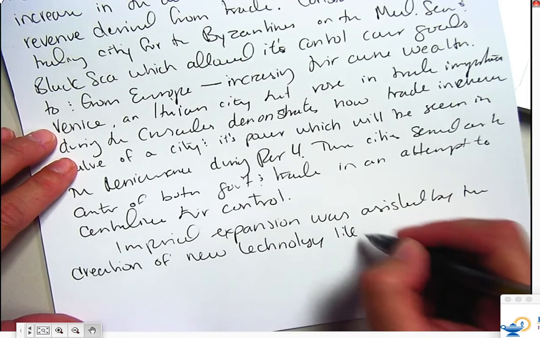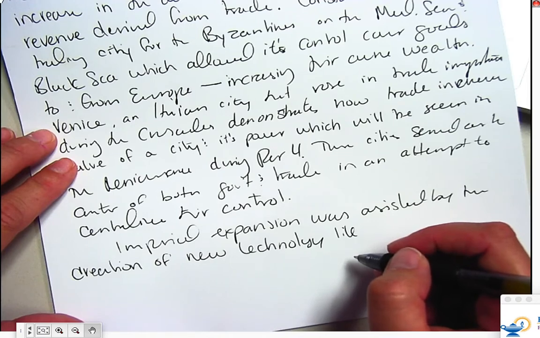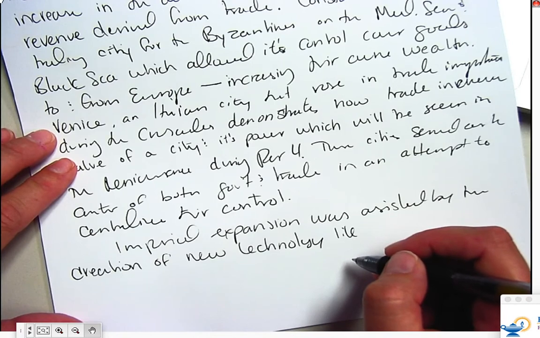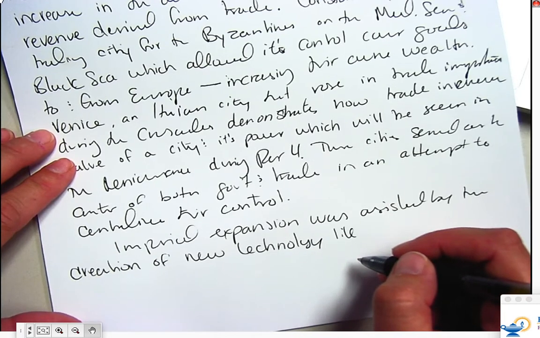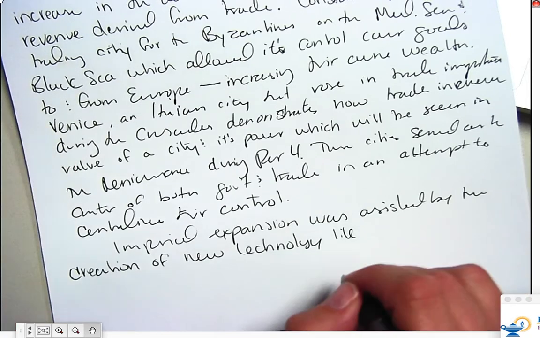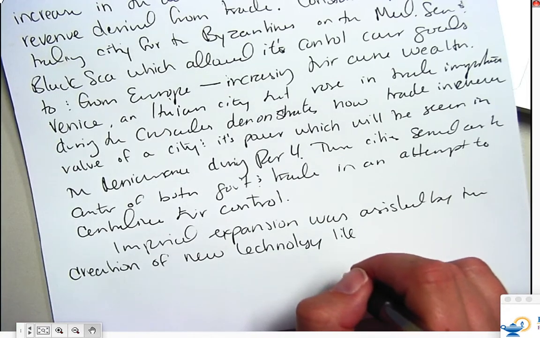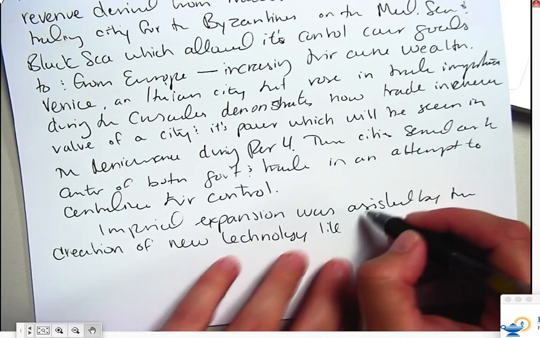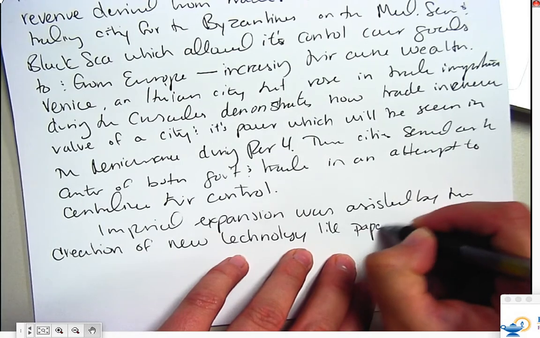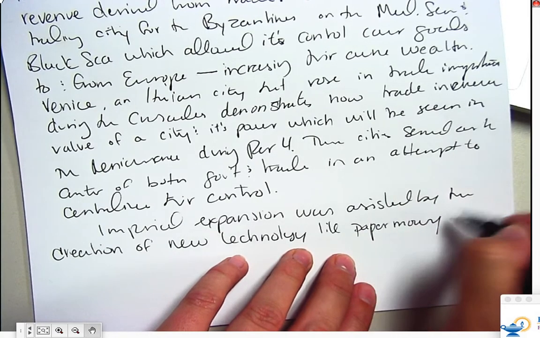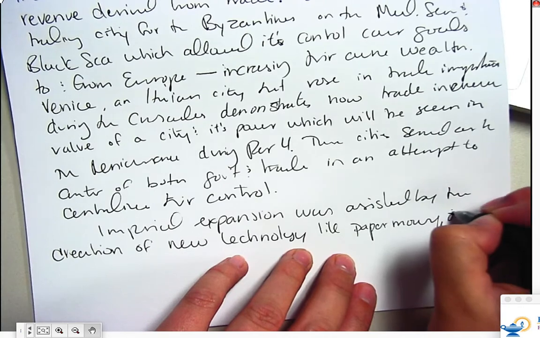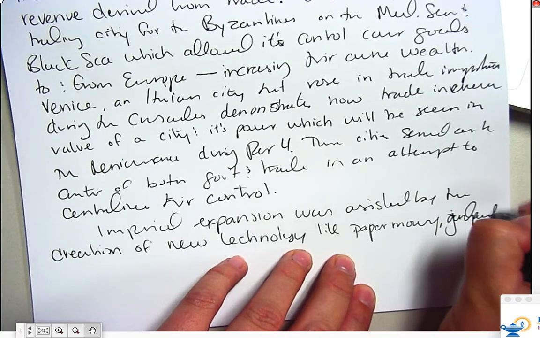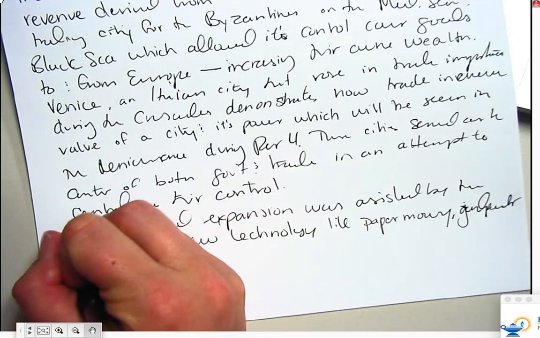Like, I'm not going to use the gunpowder because the Song aren't known for their military conquest, and it's really not until the Mongols take it over does it get used. I guess we could. Imperial expansion was assisted by the creation of new technology like paper money, gunpowder, and compasses.